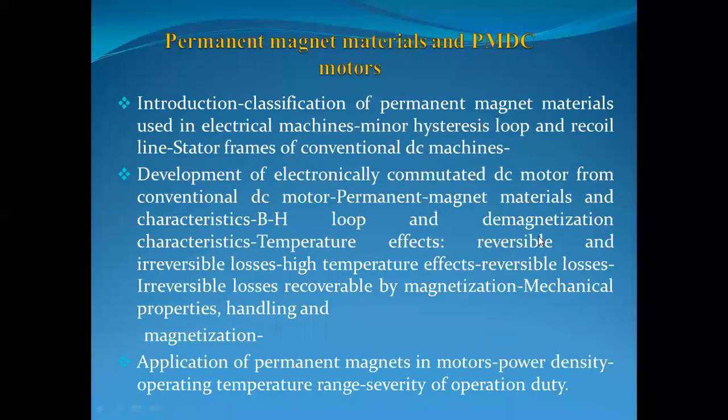Next, reversible and irreversible losses, high temperature effects, losses recoverable by magnetization, mechanical properties, handling and magnetization. All of these we will discuss in this unit on permanent magnets and PMDC motors.